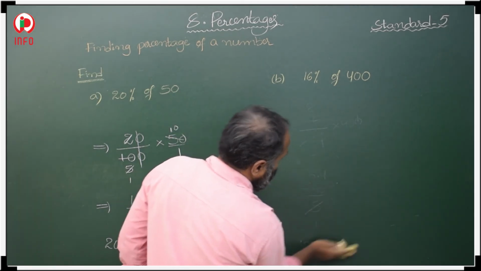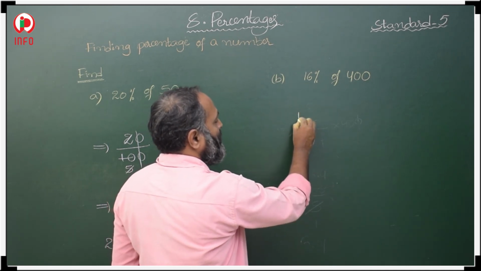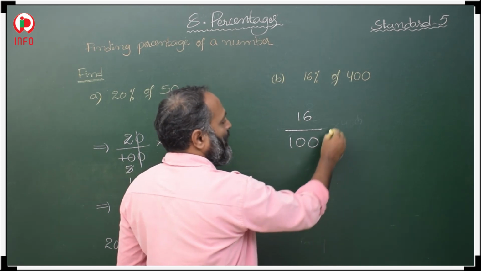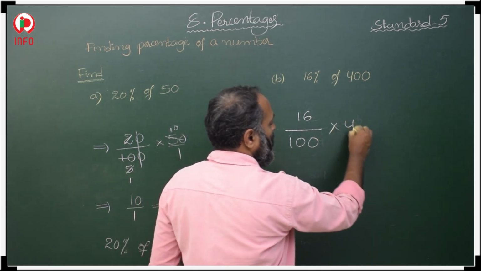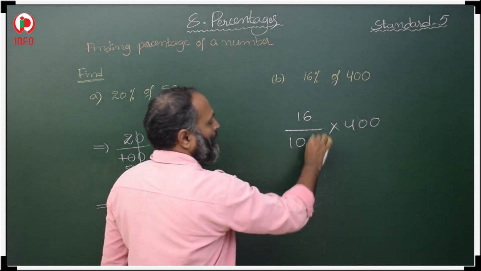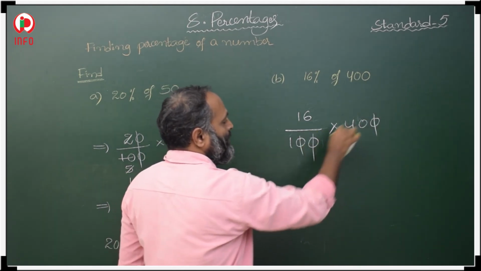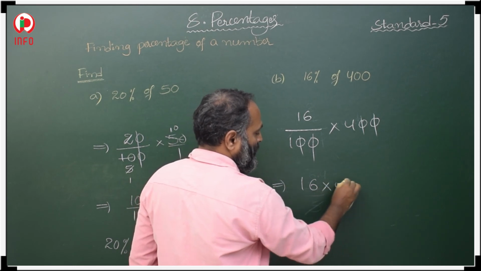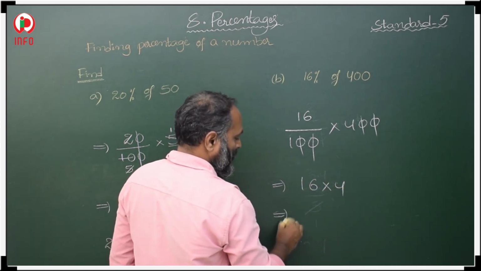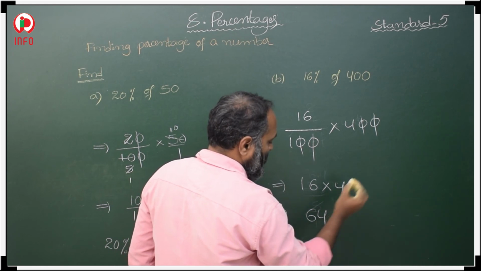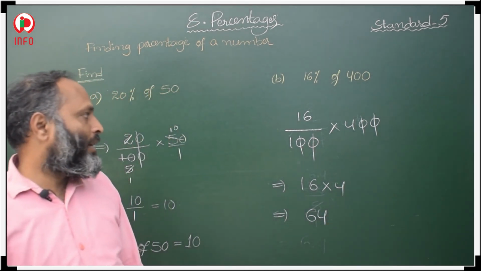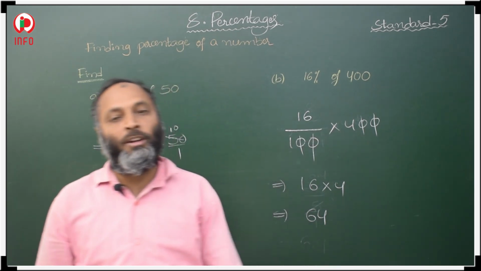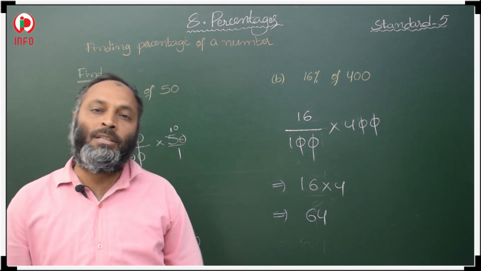First we take the given percent by total percent, 100, into 400. 1 0 and 1 0 get cancelled, 1 0 and 1 0 get cancelled. Then 16 into 4, by 1 no need to take, 16 4s are 64. 16% of 400 is 64. If you take 40 then that is 6.4, if 400 that is 64.